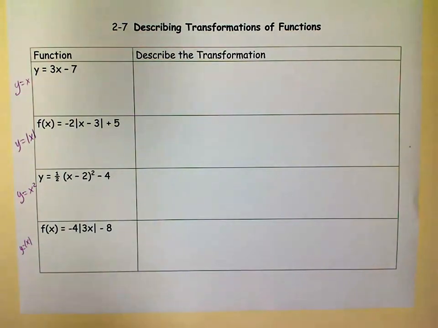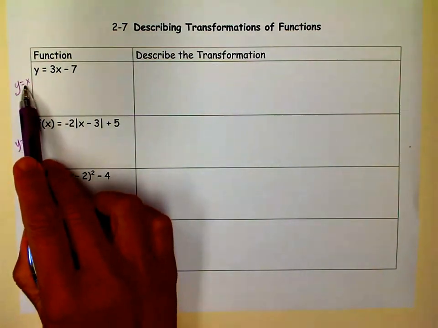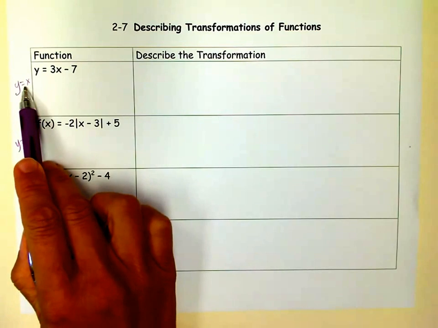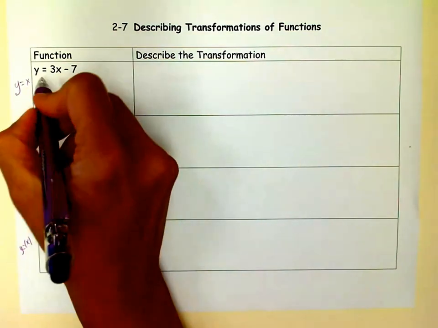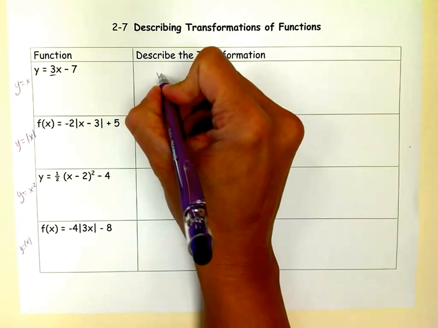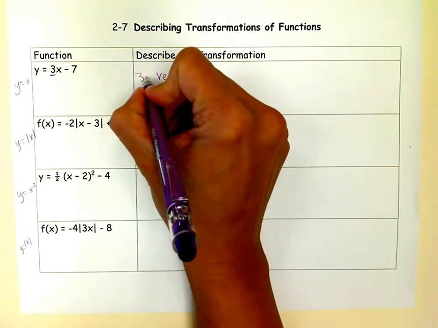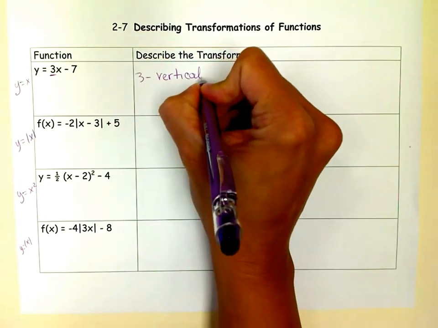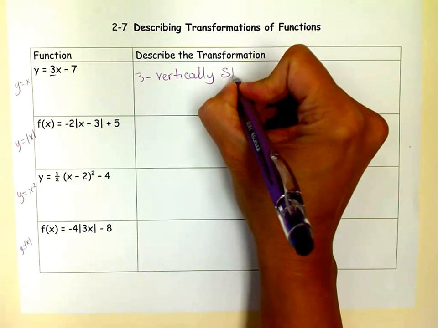So when we describe the transformation, what happened? We have a 3 being multiplied on the outside. According to our chart, when something's multiplied on the outside of x, that's a vertical shrink or stretch. Because this number is bigger than 1, we know it's vertically stretched. So the 3 tells me I'm vertically stretching the parent function.